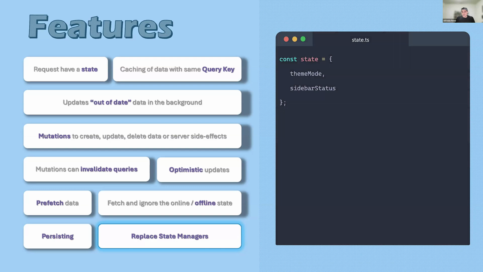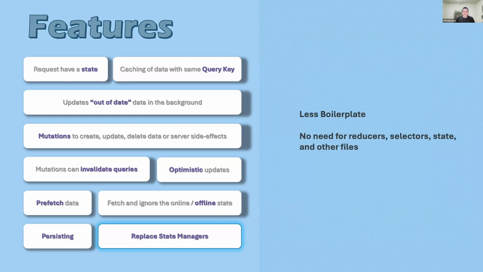What this means is that you have less boilerplate. Now you don't need any reducers, selectors, state, store management, or anything like that, or think about how to create state matchings for your different server states, or implement a way to have optimistic updates, or how to handle the offline mode, or anything like that.